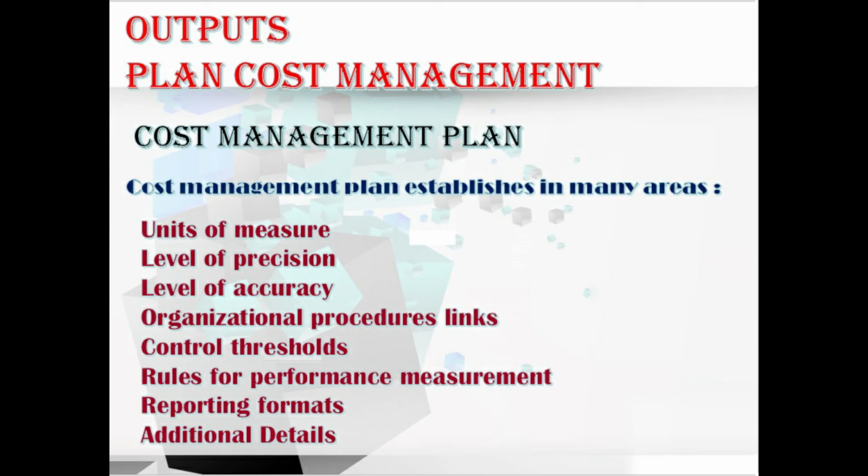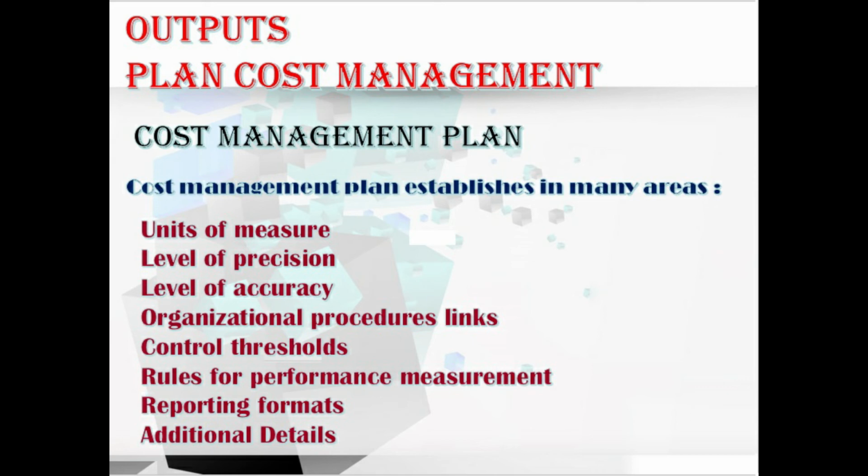Moving to the level of accuracy. Both level of accuracy and precision are needed for estimates. Moving to the organizational procedure links. Here the WBS, work breakdown structure, provides a framework for the cost management plan, allowing consistency with the estimates, budgeting and control of cost. The WBS component used here for project cost accounting is called a control account.